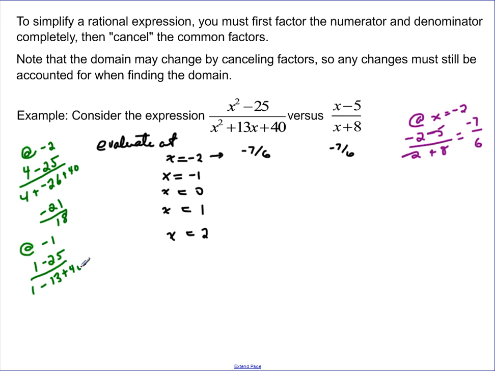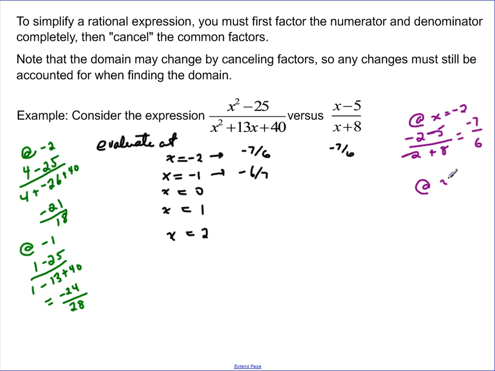That's going to be negative 24 in the numerator, and just doing some quick arithmetic, negative 12 plus 40 is 28 in the denominator. Those are both divisible by 4, so it should reduce. At x equals negative 1, I get a negative number again, divided by 4, that's 6, and divided by 4, that's 7.